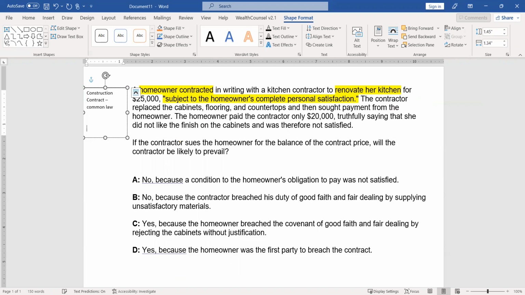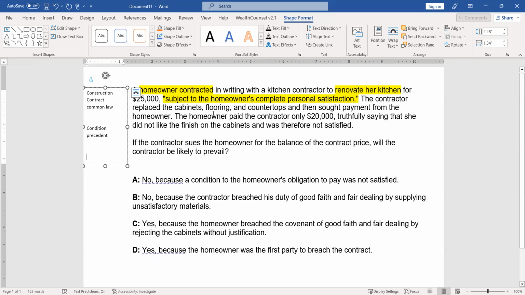But the idea is you've got common law, you've got a condition precedent, and the general rule in the back of your mind should be that you need to have it met before performance is required, unless it is waived or excused.